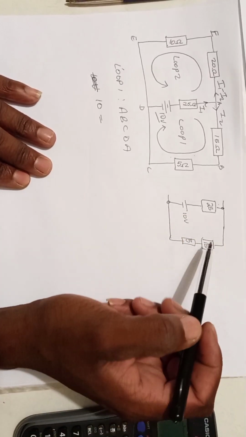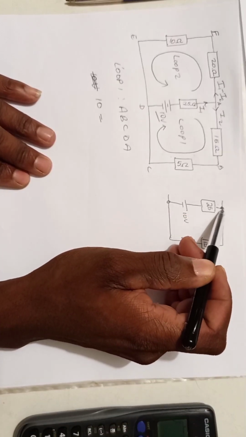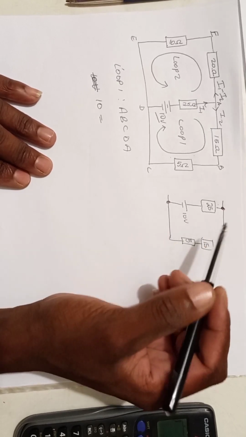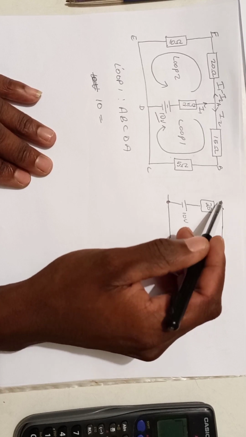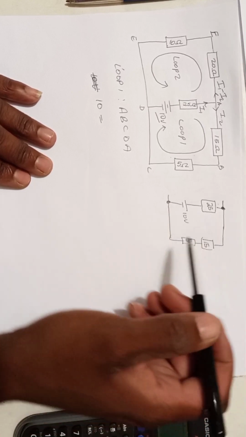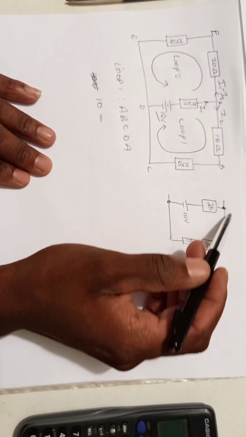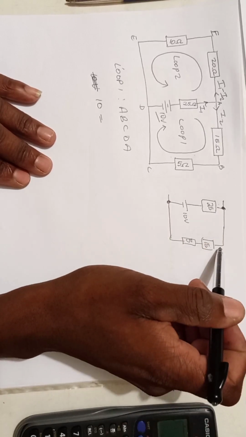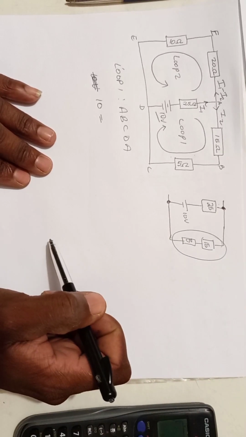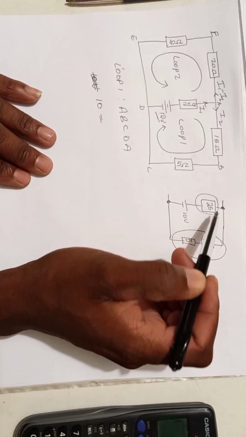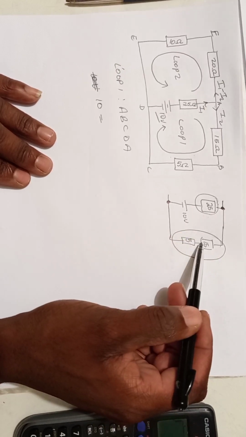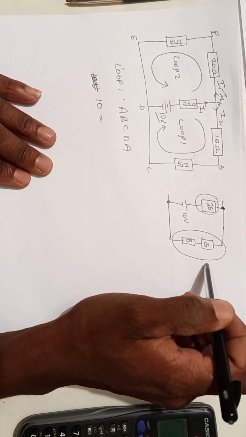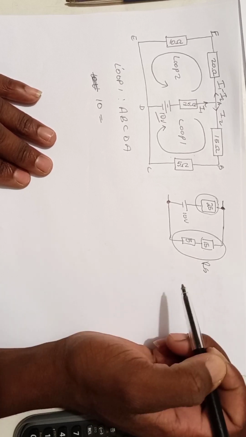What do we know if we have a junction there and a junction there? From here to here we are parallel to here. So this resistor is parallel to these two resistors, and these two resistors are in series.